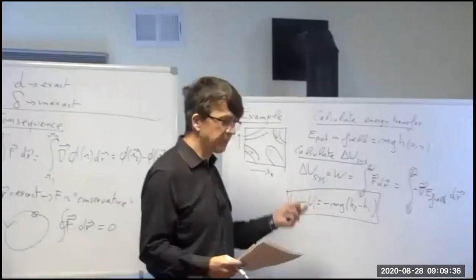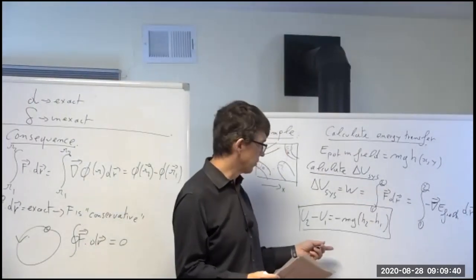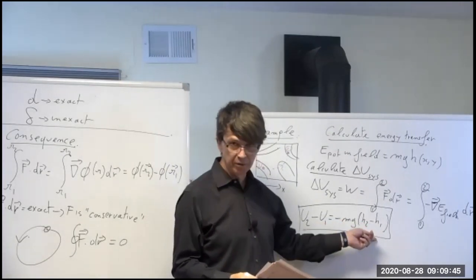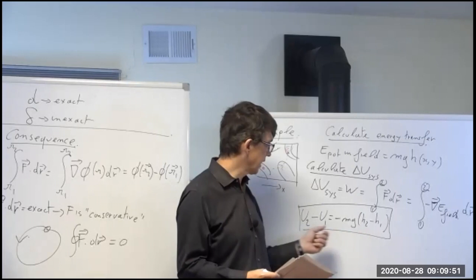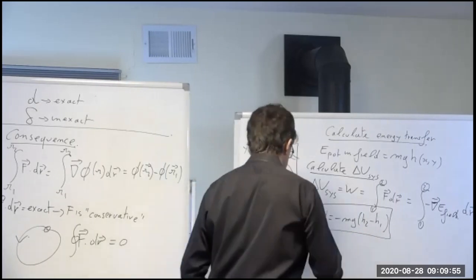And of course you could have guessed this, right? I don't have to actually do all this math because what I'm giving here is the change in potential energy of the field, right? My potential energy in the field has changed, and that has to be absorbed as internal energy.